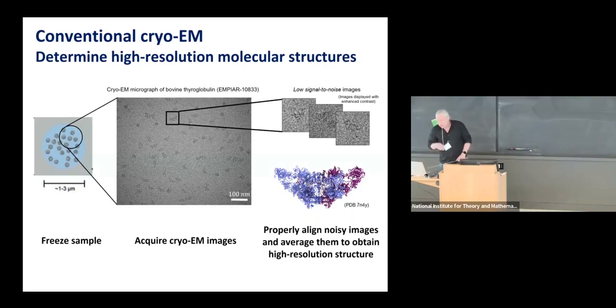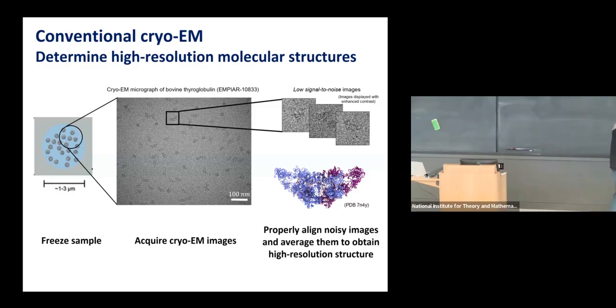All right, the way conventional cryo-EM works is as follows, and this is now incredibly well established. You take your proteins in solution and freeze them. You acquire cryo-EM images, which would look something like this. These images are incredibly high resolution, but very, very low signal to noise.